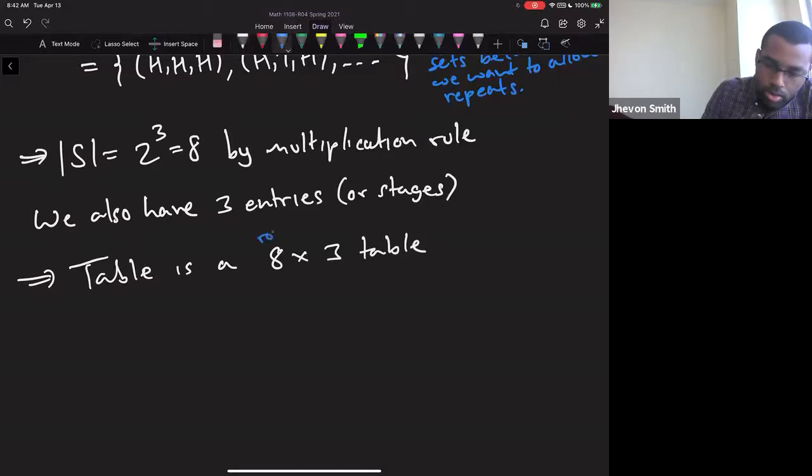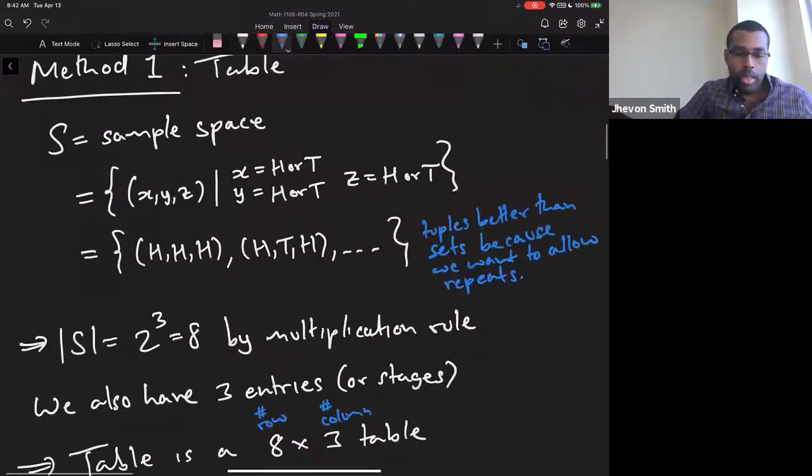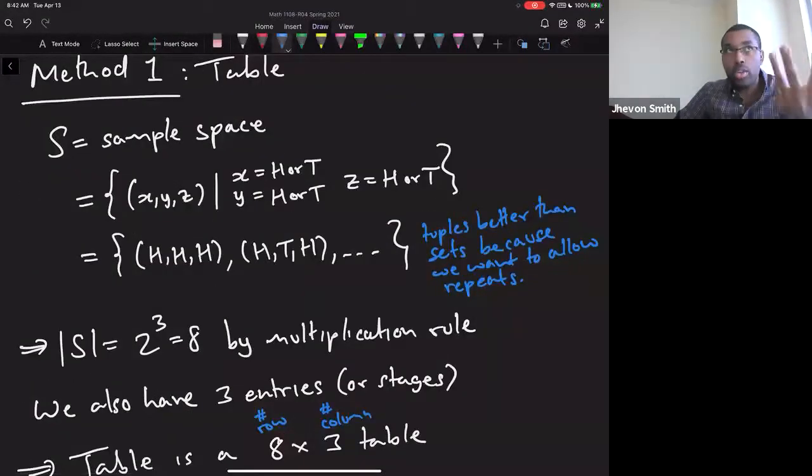So 8 is the number of rows, and this is the number of columns. I told you about the general theory of how to set up tables last time. The total number of possibilities is the number of rows you should have. The total number of stages is the number of columns you should have. So ultimately you should be able to say, there are 8 possibilities because I have 3 tosses and there are 2 options for each toss. Multiplication rule tells me there are 8.